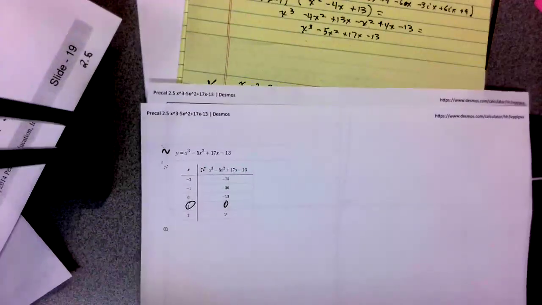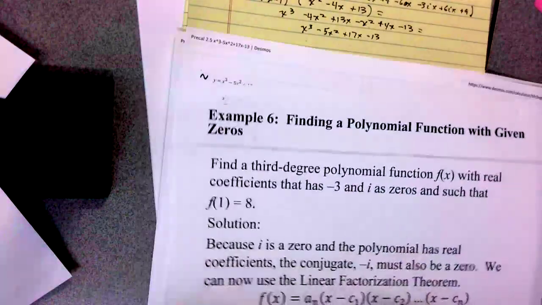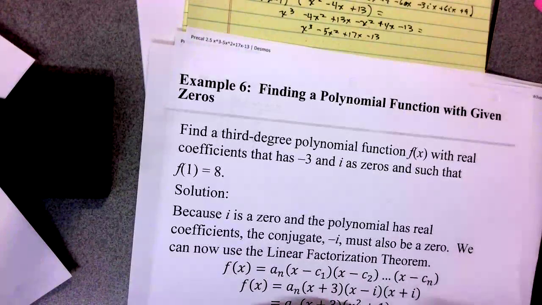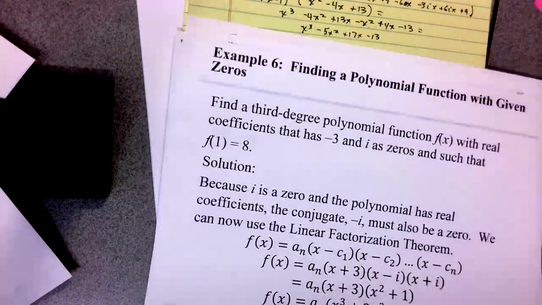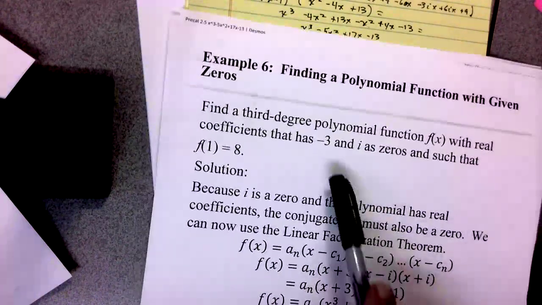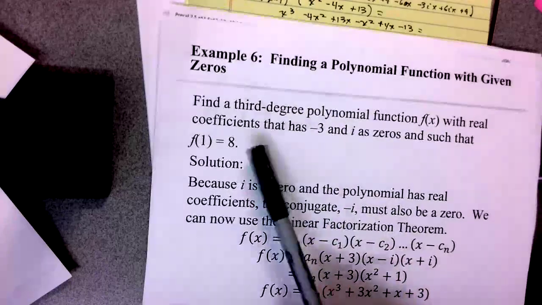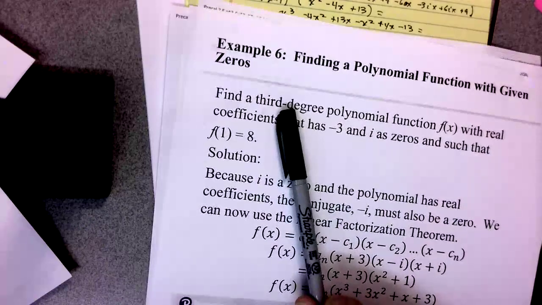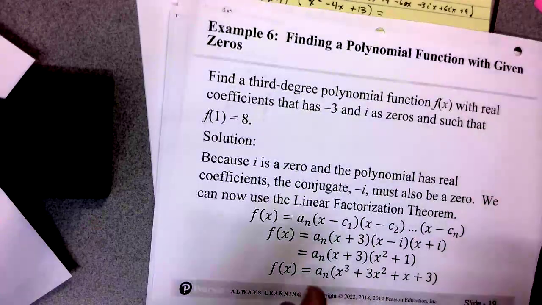All right, the last conversation that we had was about the kind of problem where you're given information about a polynomial and you're asked to determine the equation of the polynomial. The example was a polynomial that is third degree, so we know we're looking for 3 factors, 3 roots.